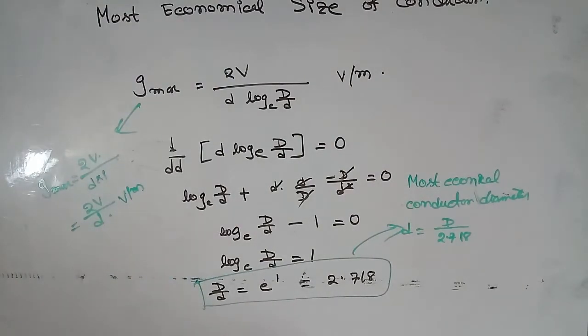Now for a low and medium voltage cable, the value of conductor diameter arrived at by this method is often too small from the point of view of current density. Therefore, the conductor diameter of such cable is determined from the consideration of the safe current density. For high voltage cable, designs based on the theory give a very high value of d, much too large from the point of view of current carrying capacity, and it is therefore advantageous to increase the conductor diameter to this value.